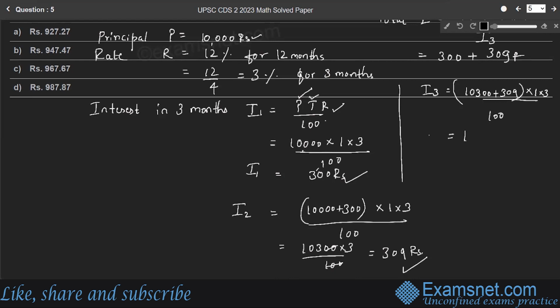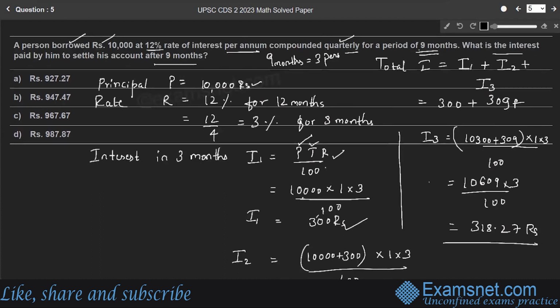So it is 10,609 into 3 by 100, which is 318.27. So 318.27 rupees is the interest paid by him in the third quarter.